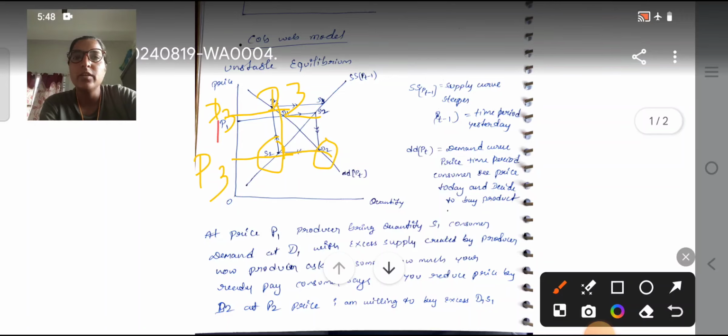With the rise in the price, the producer says, then I am ready to sell you S3. With a little change in the price, the producer is now changing quantity over a much larger space. In this way, both are going away from the equilibrium point. That's why we call it the unstable cobweb model.